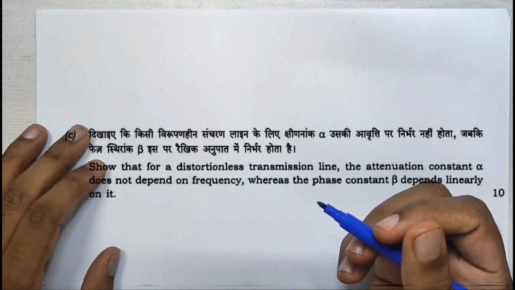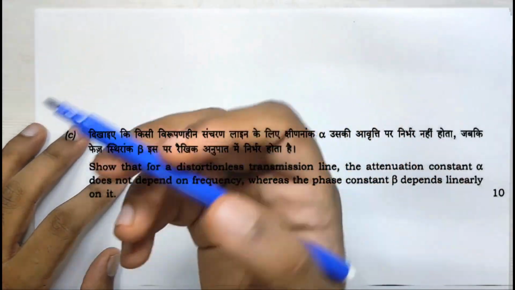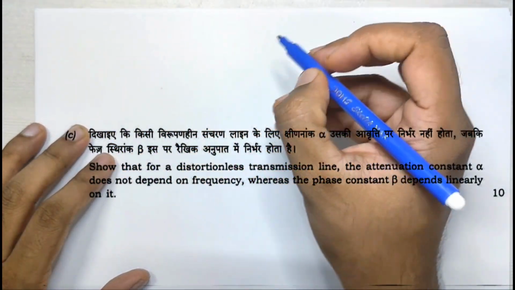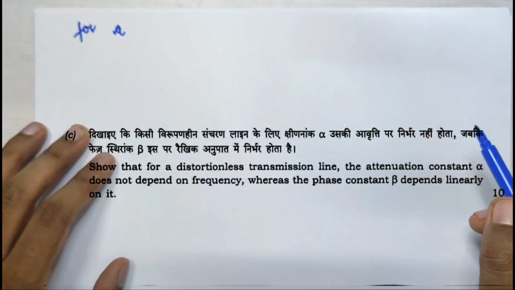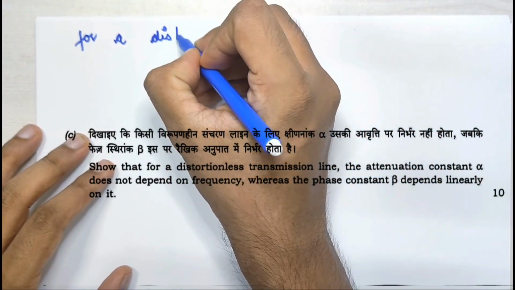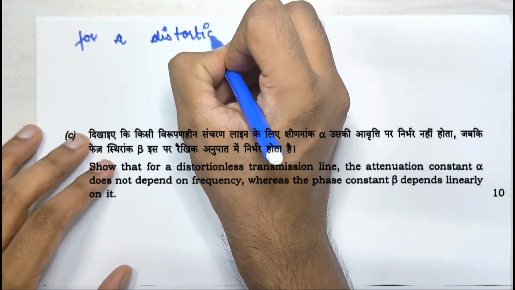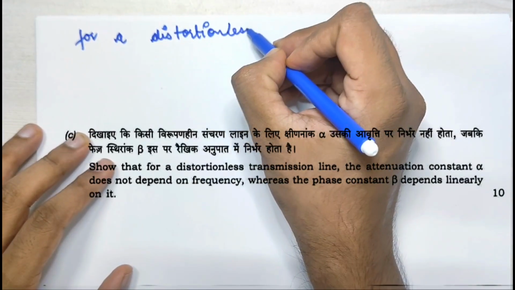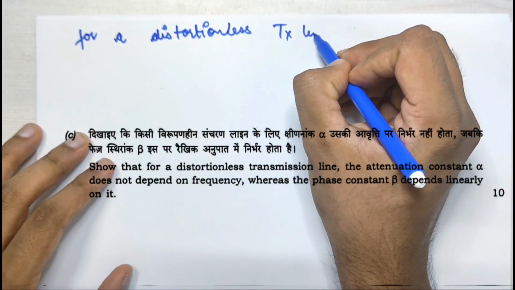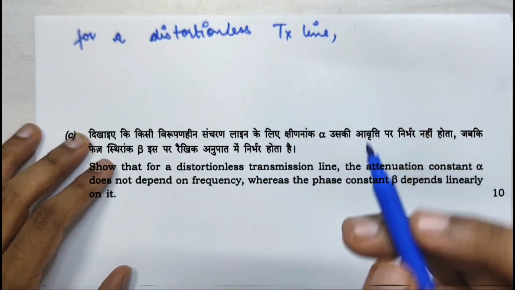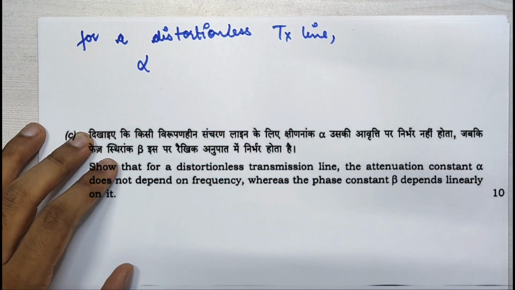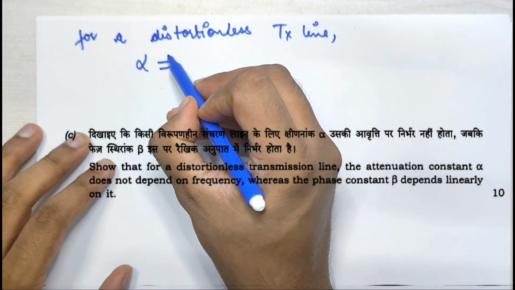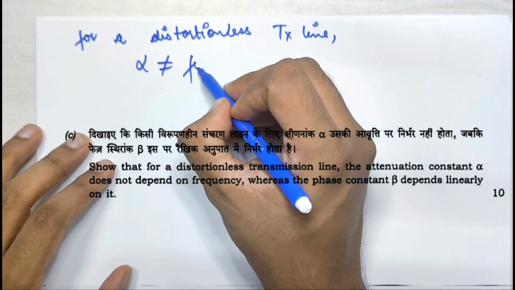What is the ask of the question? The ask of the question is that for a distortionless transmission line, right? Attenuation constant, that is alpha, does not depend on frequency.